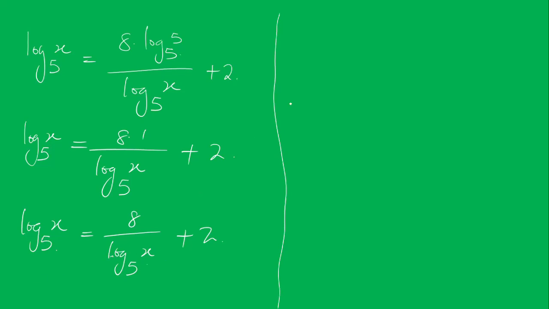So we can now say let log x base 5 be equal to y. Substituting y into that equation for log x base 5, you now have y is equal to 8 divided by y plus 2.